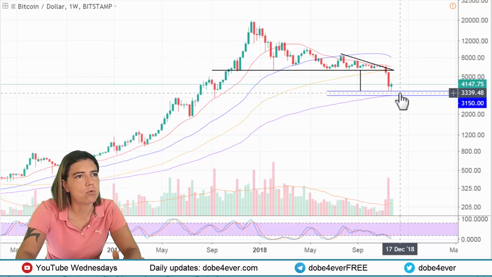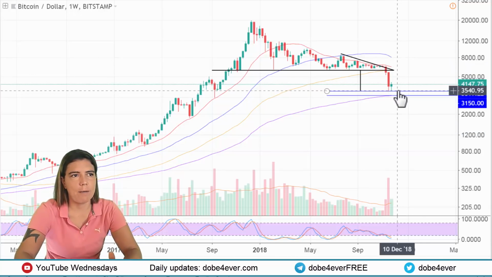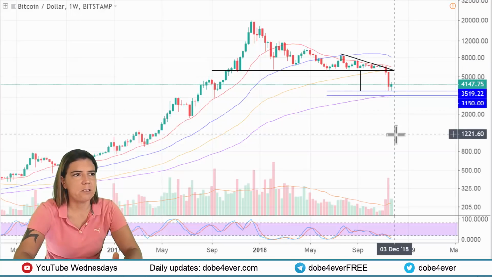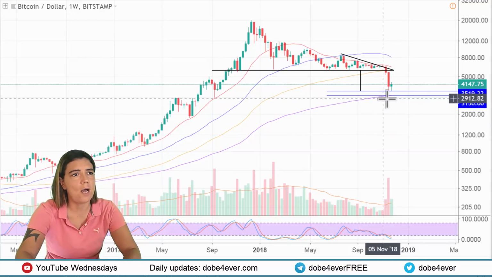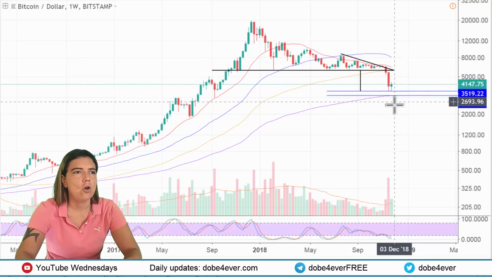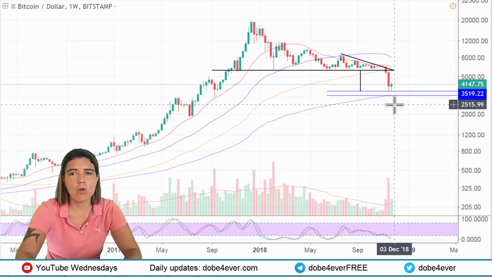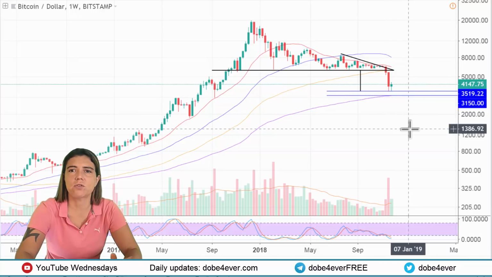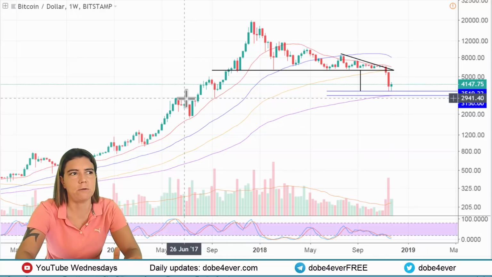So the target has been reached. As it looks right now, I'm less confident that this was the bottom. I have been expecting the bottom to be at the very least either the 200 week moving average or the 50-month moving average, which both are around the same level, which is $3,000, which is also a psychological number, and also the peak of the previous bubble here.